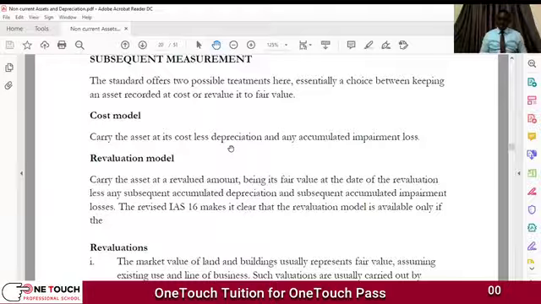Maybe property, motor vehicles, buildings, office furniture and fittings. It's a class of assets. So if you revalue one motor vehicle, all the other motor vehicles should be revalued. Good.